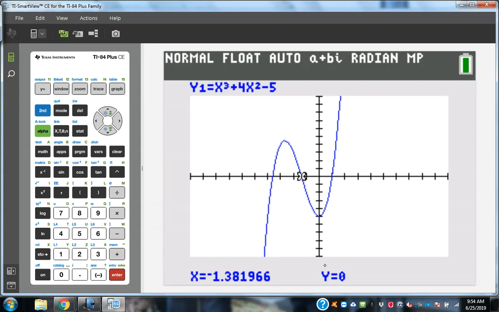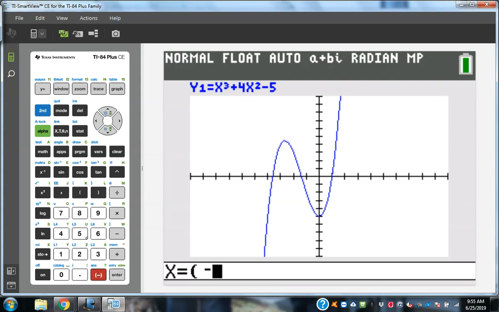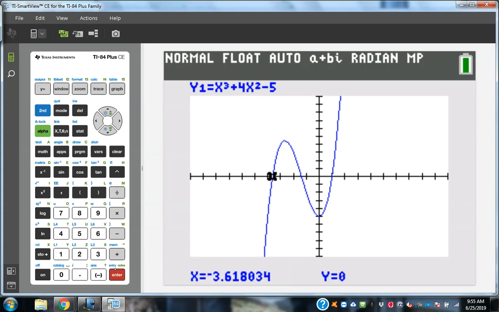But hey, the y value is 0, so we know that's correct. And then I'm going to do the same thing for parentheses negative 5 minus the square root of 5, close those parentheses up, all that divided by 2. And there, hey, it found the other one. That's verifying that those are correct.